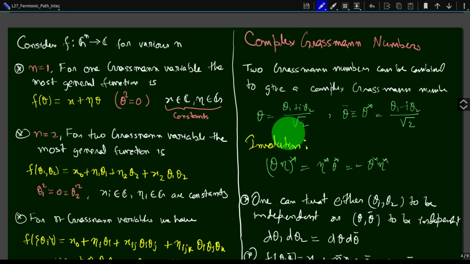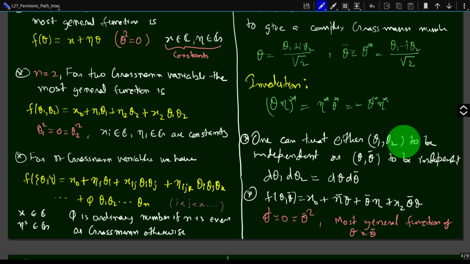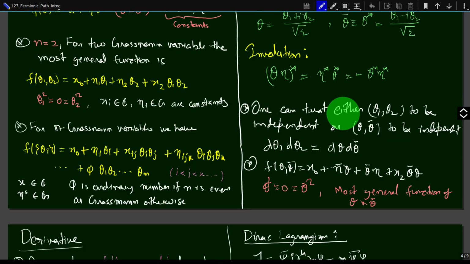The involution, the so-called complex conjugation, is defined as (theta eta) star is eta star theta star. This is the definition, which is minus theta star eta star, because these two are also Grassmann numbers. Here star means complex conjugation, or ideally one could write bar, because while writing Grassmann numbers one doesn't use the star notation but uses the bar notation.